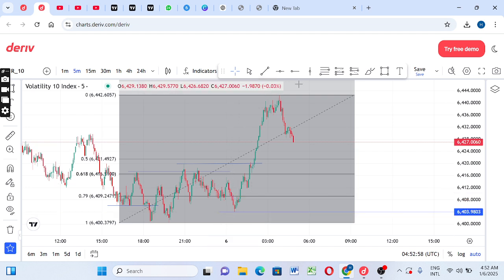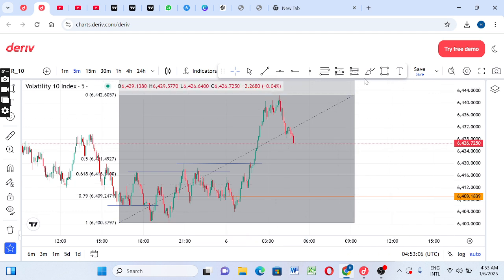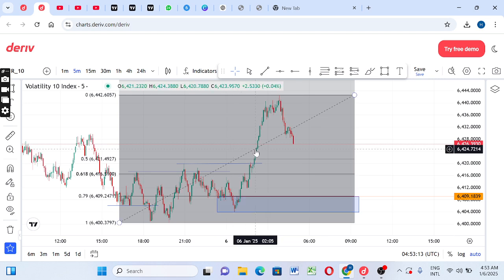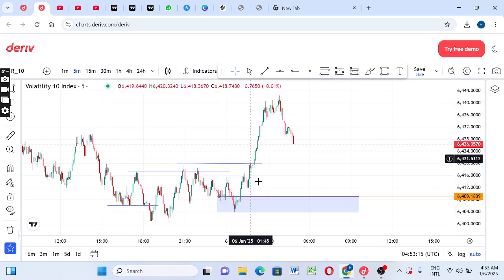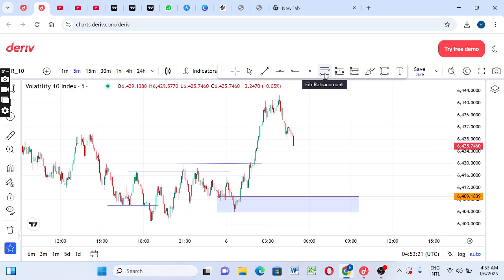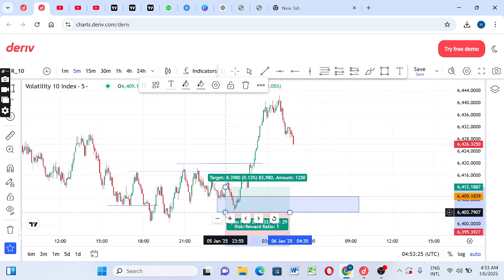So what do we have to look out for on this market? Here as an entry, and then here as a point that would get taken out. So this is what I am expecting, with my stop loss at the bottom. I would like to take my trade here.